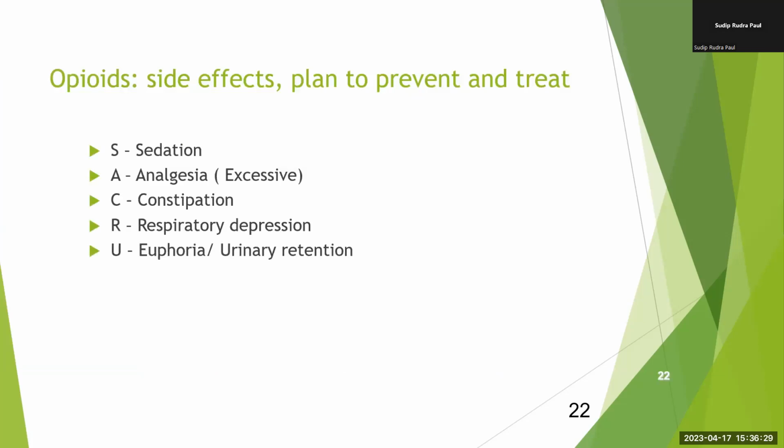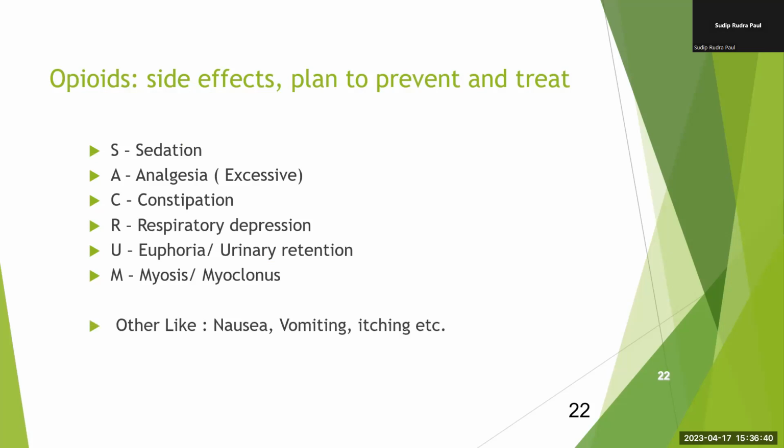If we see the opioid side effects, though it is a weak opioid, they have some side effects. It's called SACRUM. S is sedation. A is analgesia. Of course, we give any of the medications to get the analgesic effect, but if it is more than our expectations, then we need to reduce the dose, because going ahead this patient can develop side effects. So at that time we have to reevaluate how much analgesic effect the patient is getting.